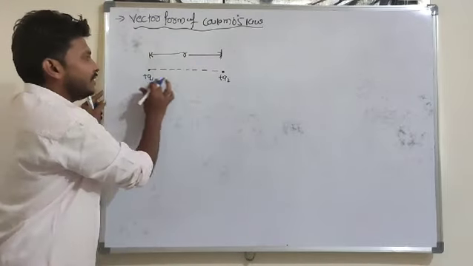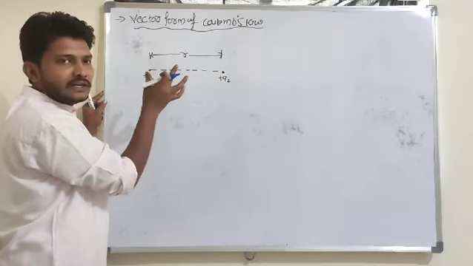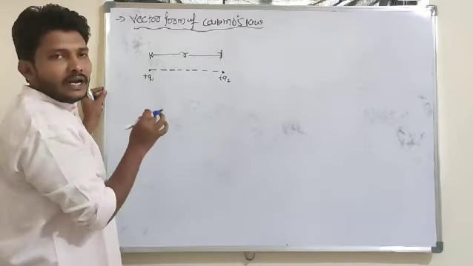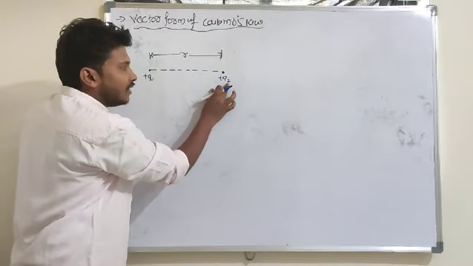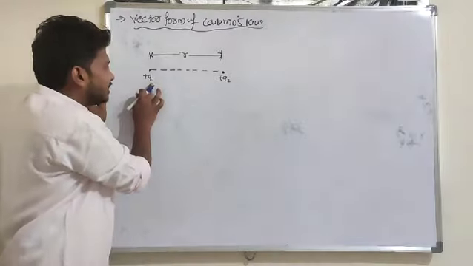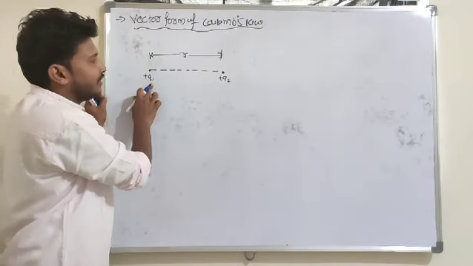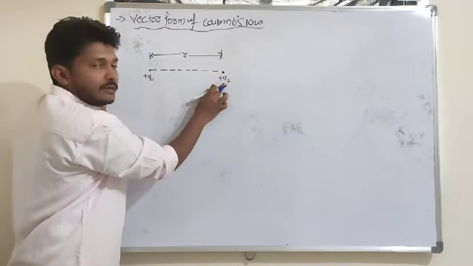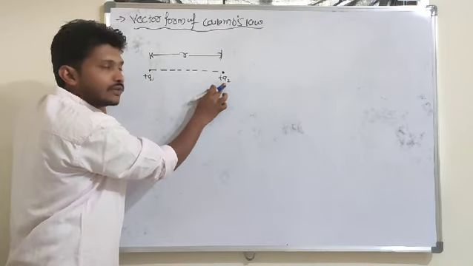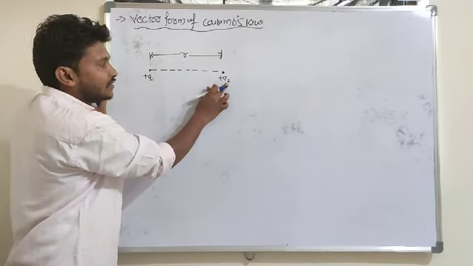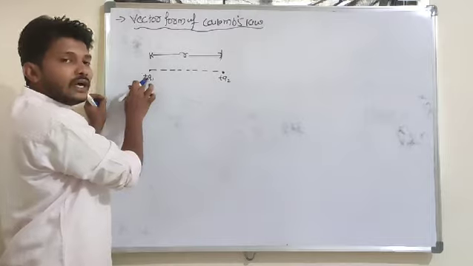Now between these two charges there exists a certain kind of force. Let me write the force acting on the charge q2 as well as the force acting on the charge q1 here. Which charge is responsible for the force acting on q2? The force acting on the charge q2 is due to the charge q1.